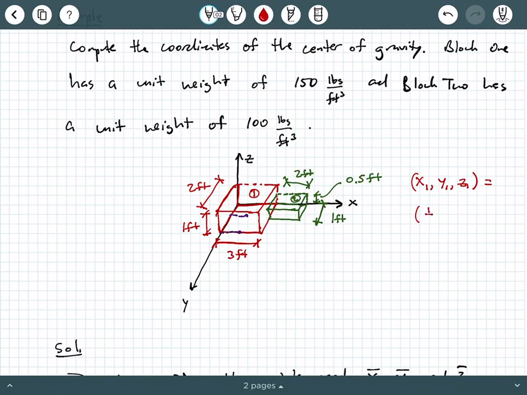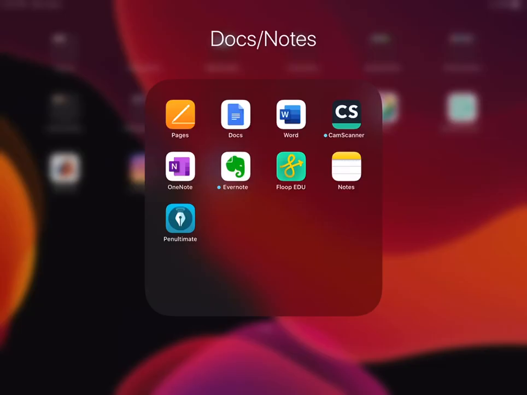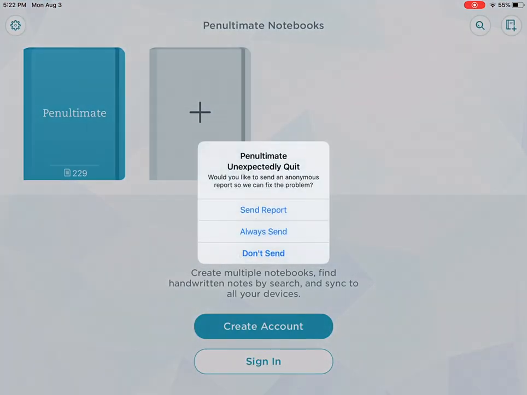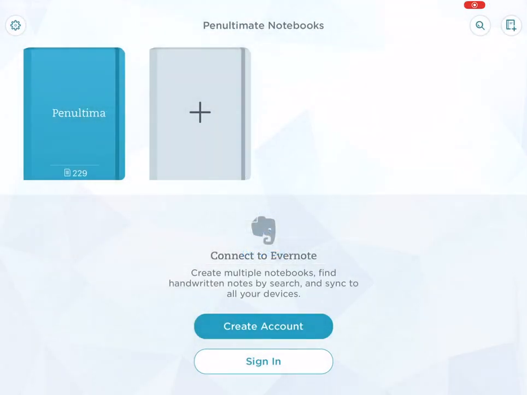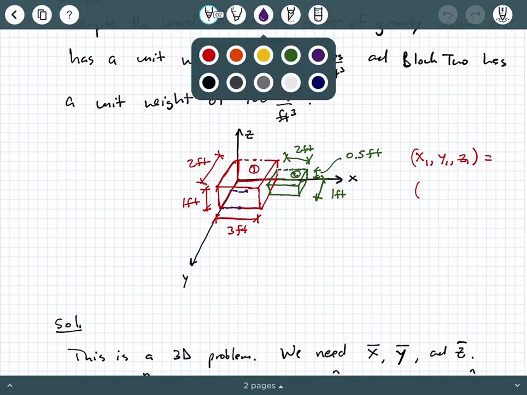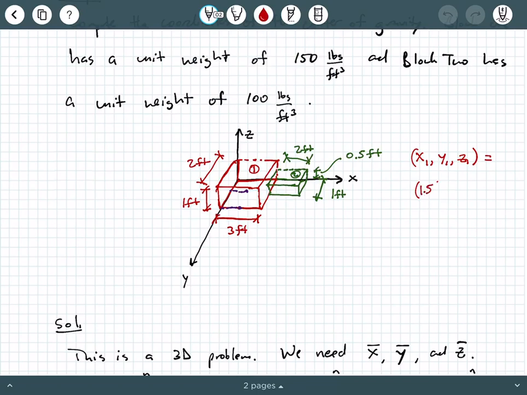Well, in the x direction, it's half of that x coordinate, so it's 1.5 feet, comma, and then in the y direction, that y dimension is 2 feet, so it's half of that, so 1 foot. And then the z direction is 1 foot, so it's half of that, 0.5 feet.